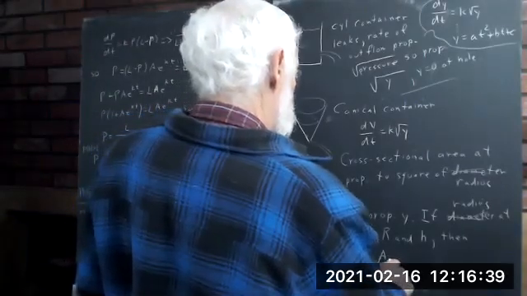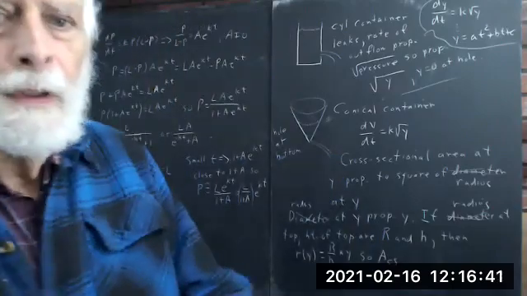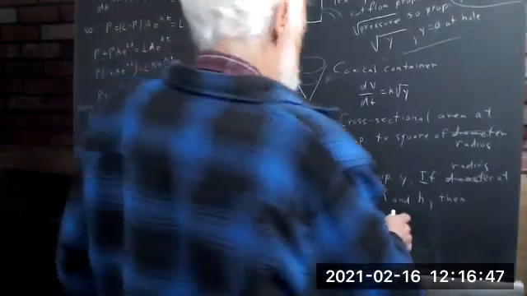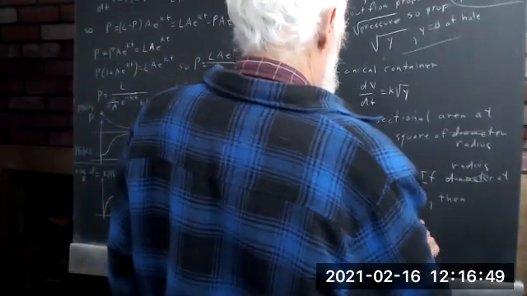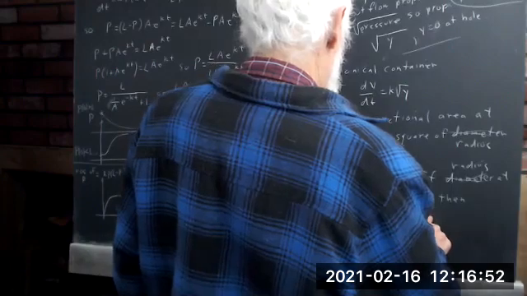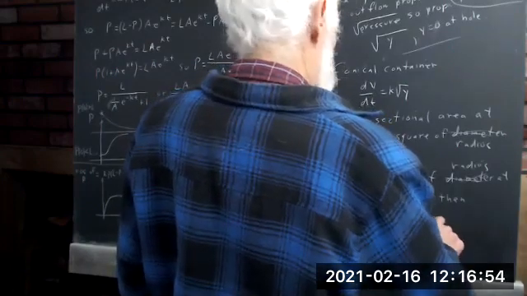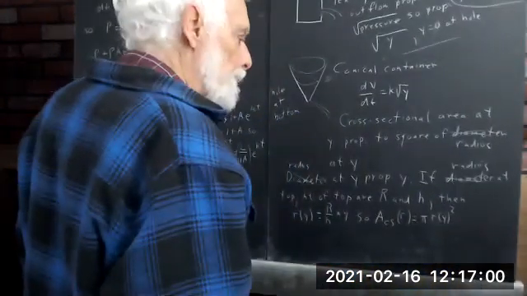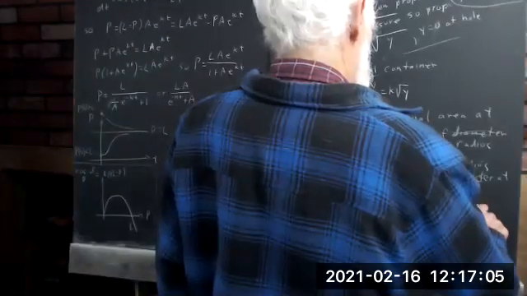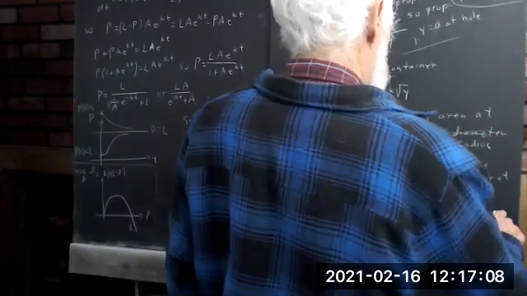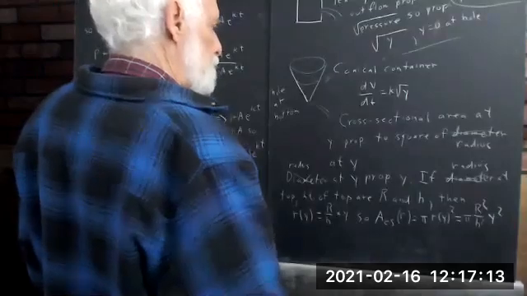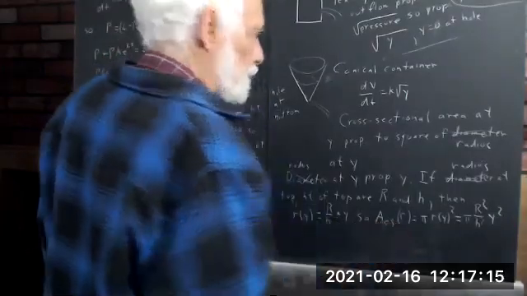So A sub CS, which is going to mean the cross-sectional area at y, is pi times R of y squared, which equals pi times big R squared over H squared times y squared. And there's the cross-sectional area.